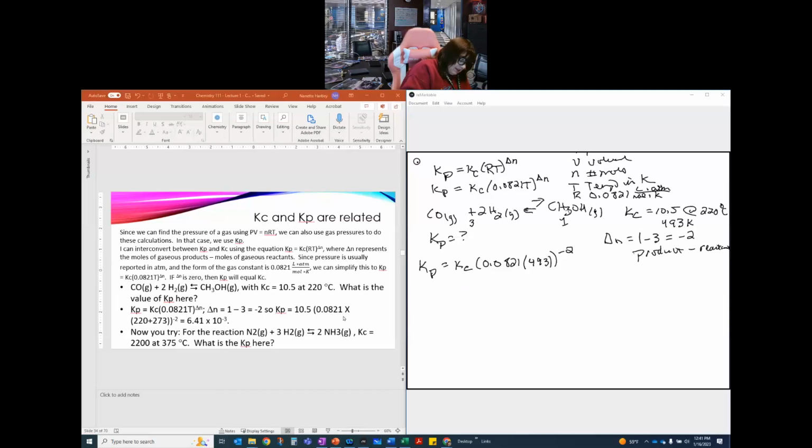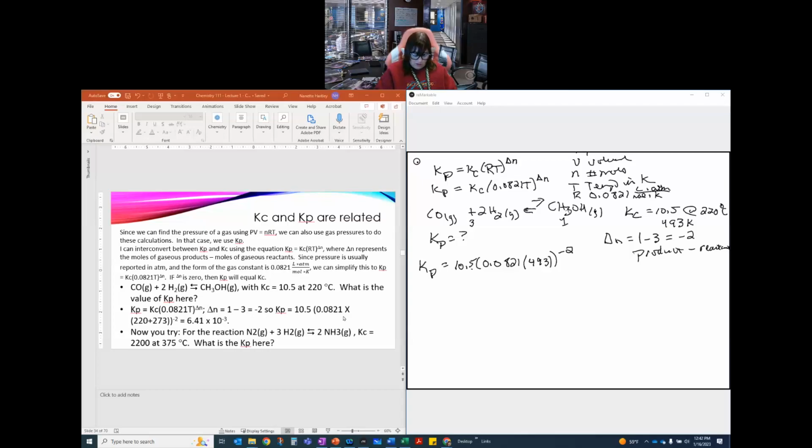The Kc I know, so I can take this Kc out and put 10.5 there, because that's the value that they gave me at 220 degrees C. So now I can do some happy math. 10.5 times 0.0821 times the 493. Oh, wait, I need to group that. Hold on, sorry.